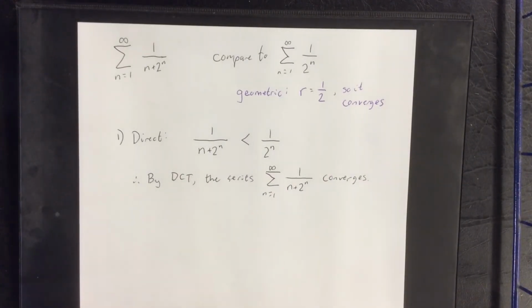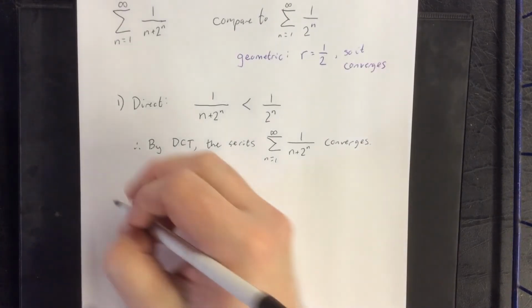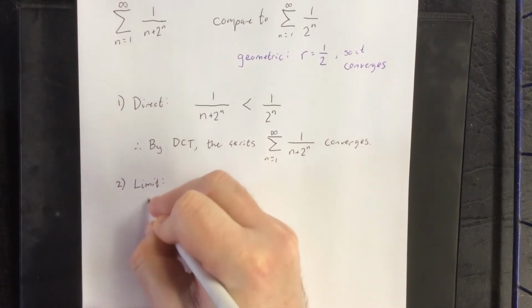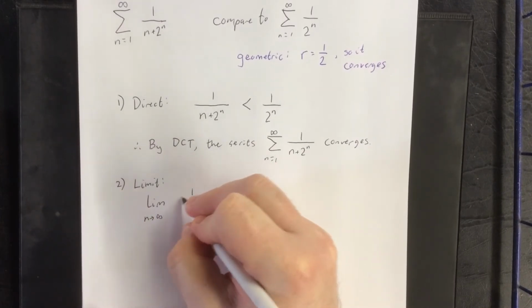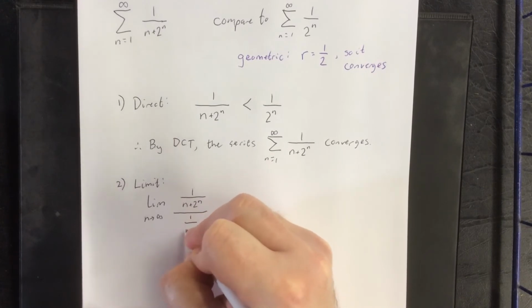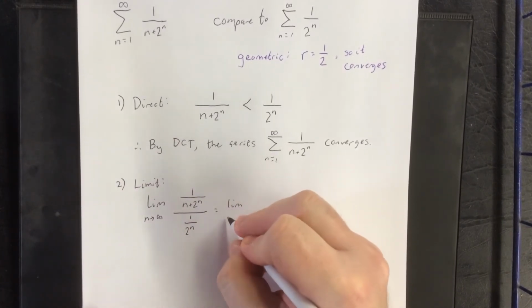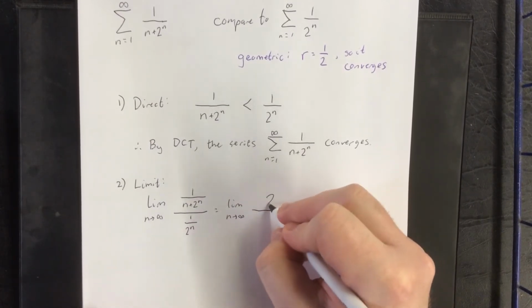Now, just because we got it right using the direct comparison test does not mean that you can't use the limit comparison test. In fact, let's go ahead and try it just to show that it's going to work out. We'll take the limit as n goes to infinity of ours on top and the thing that we're comparing it to on the bottom. We have a single fraction divided by a single fraction, so I'm going to change that to multiply by the reciprocal.